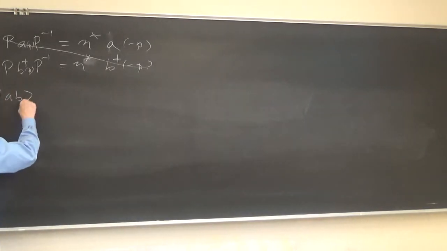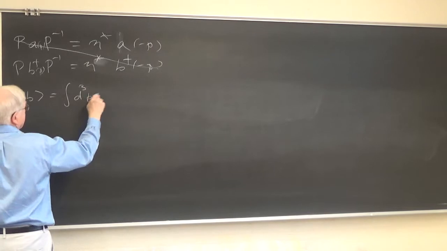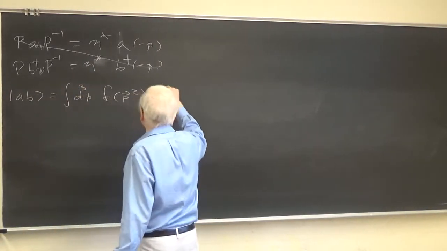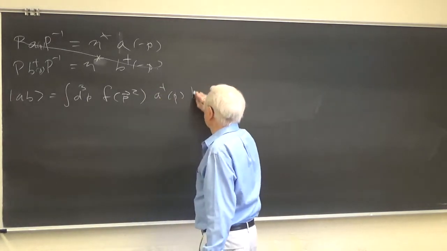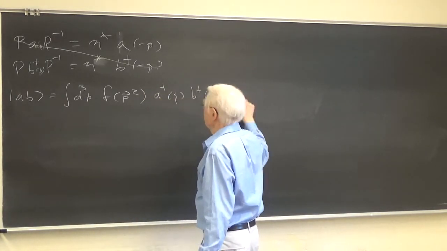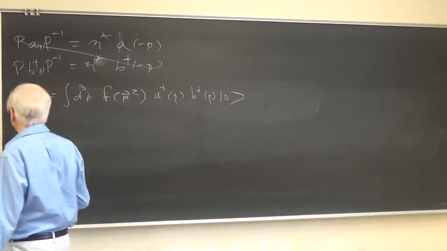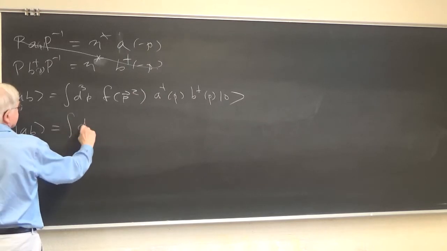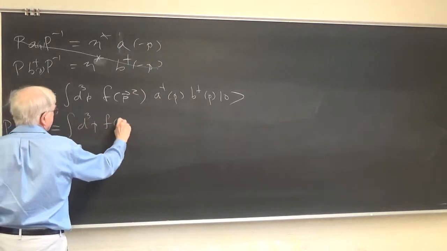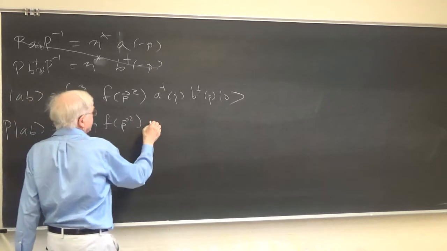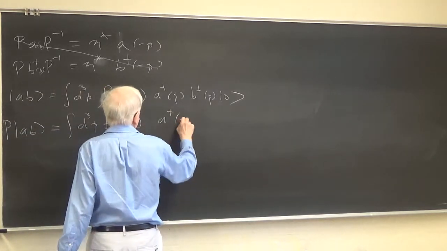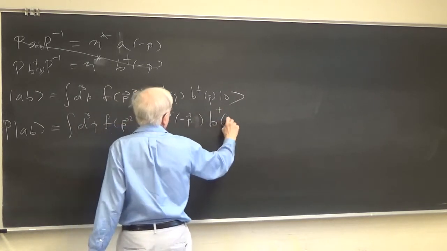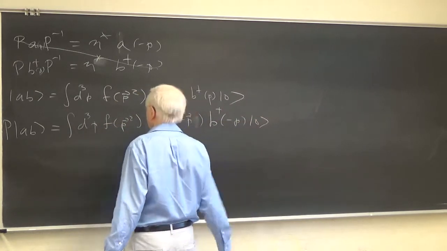It would be a state AB like this, integral dqp, some function of p vector squared, and then A dagger of P, B dagger of P on the vacuum. And if you act on that with P, then this is dqp f of P vector squared, A dagger minus P, B dagger minus P on the vacuum.